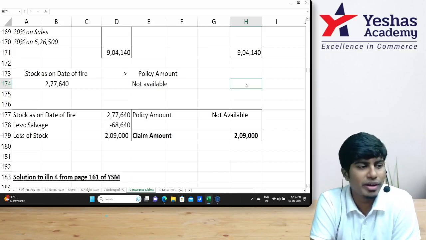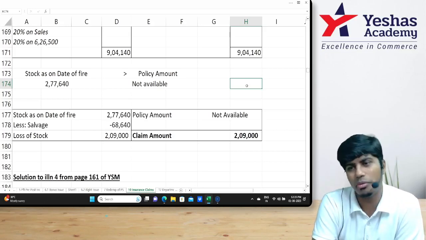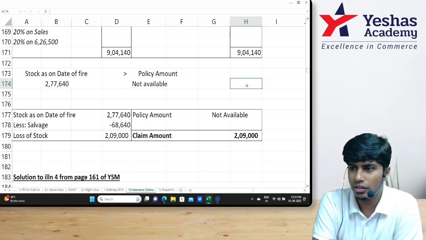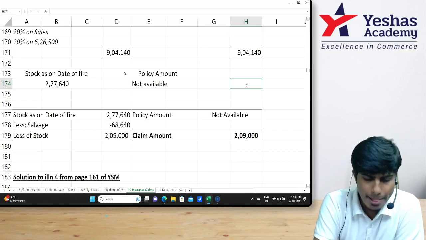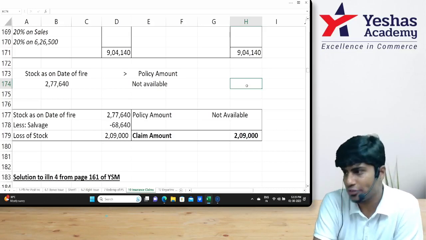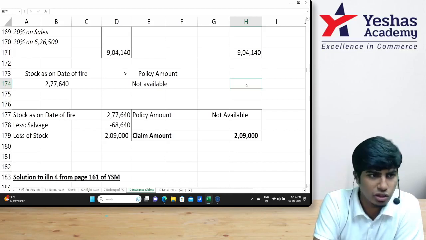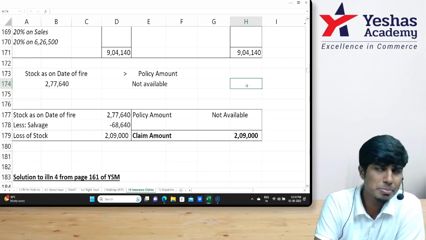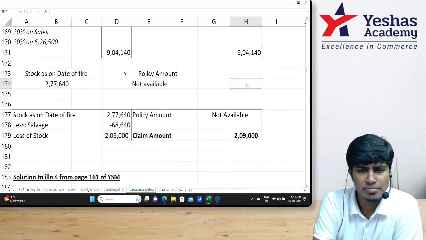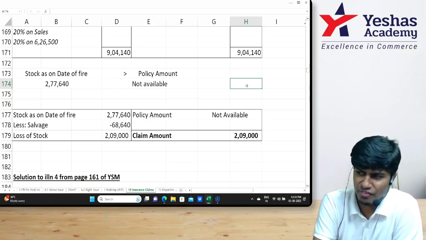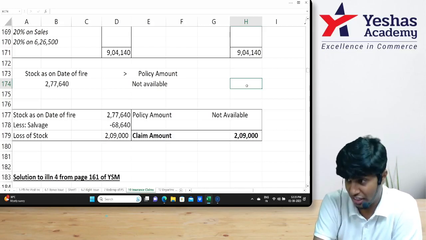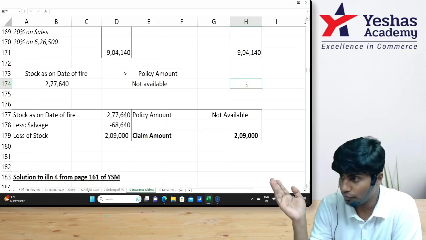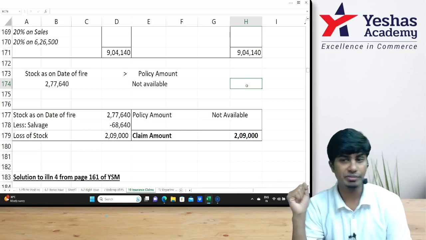Please. If you don't do it, then there is no point in me giving you so much time. I could have finished that department today. And tomorrow we'll be finishing this loss of stock also, and we'll start with loss of profit. Loss of profit will get over by Monday. If we can finish it by Sunday, it will be fantastic. Monday we can use the time to do branch accounting later.